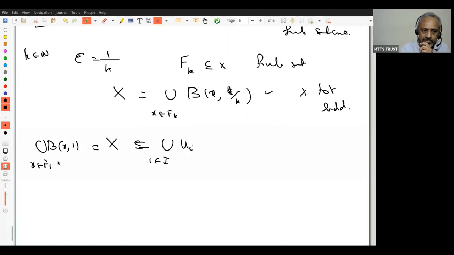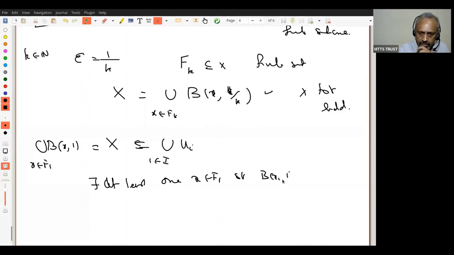Now this is a finite thing. So I claim there is at least one x in F1 so that B(x, 1) has no finite subcover.